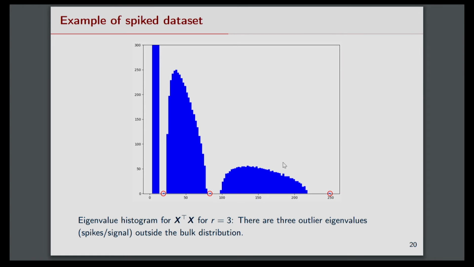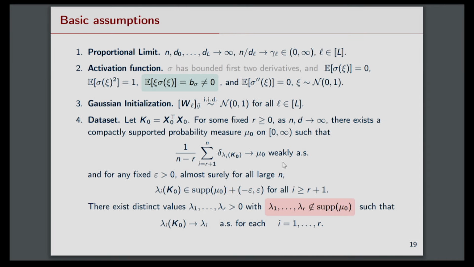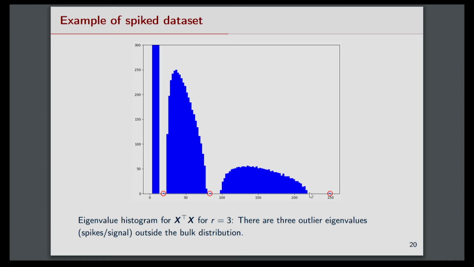We can view this from the simulation. Here, I just want to emphasize that I didn't say these eigenvalues are in order. So it could be you have some outliers between some components. Here you have 3 components for the bulk, and I circled 3 outlier eigenvalues, which will converge to something outside the support.